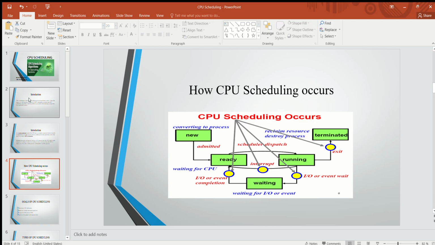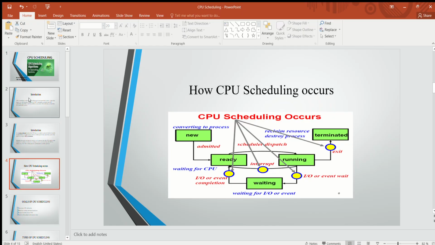So new means an application or a program is converted to a process and is admitted into the ready queue. While it's in the ready queue, the scheduler dispatcher can assign the CPU to it. Whilst it's running, there can be an interrupt.